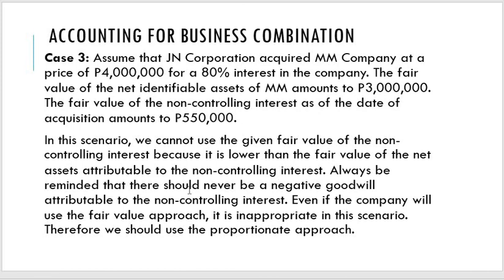Okay? Always be reminded that there should never be a negative goodwill attributable to the non-controlling interest. Even if the company uses the fair value approach, it is inappropriate in this scenario. So, therefore, we should use the proportionate approach.